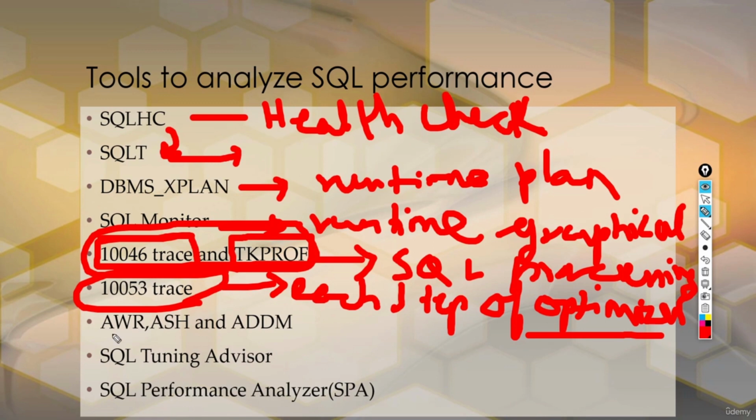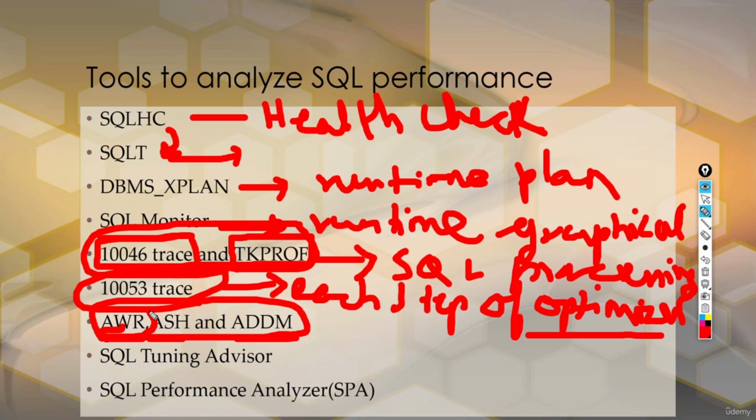And we are also very familiar with AWR, right? These three are the pillars of database performance. Whenever there is a performance issue, we always check the AWR report, ASH report, and ADDM report. The AWR report collects historical information with the help of snapshots and provides statistics related to database performance, but it does not give any individual SQL performance reports.